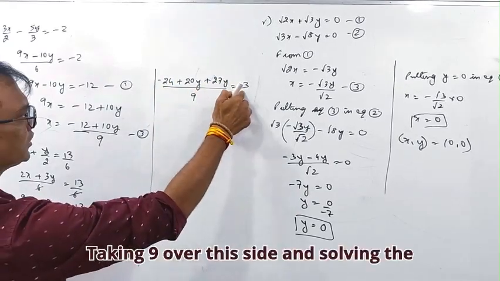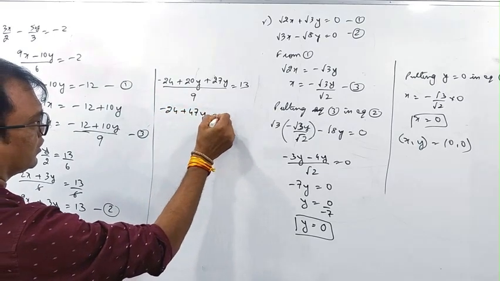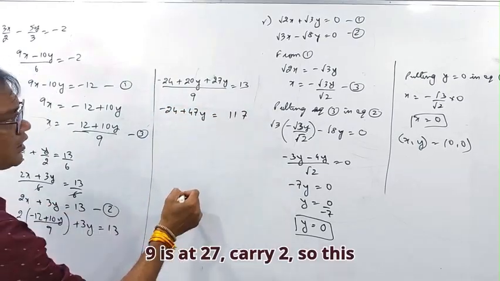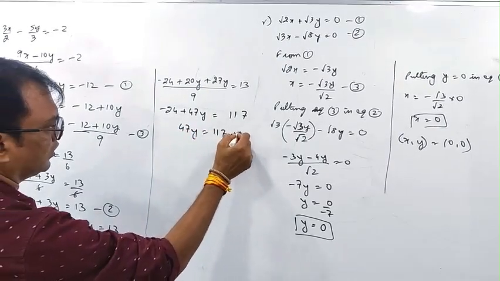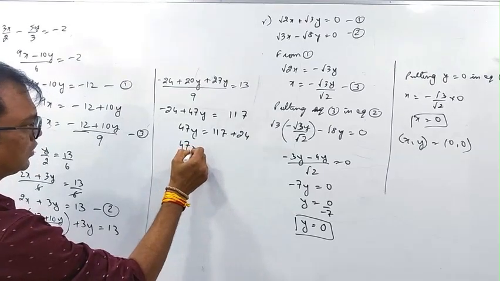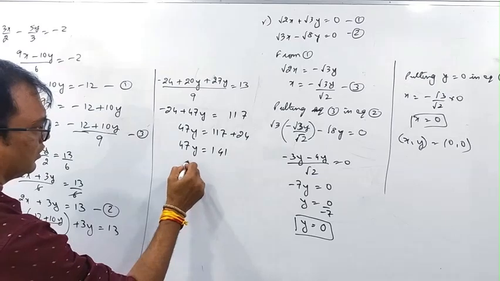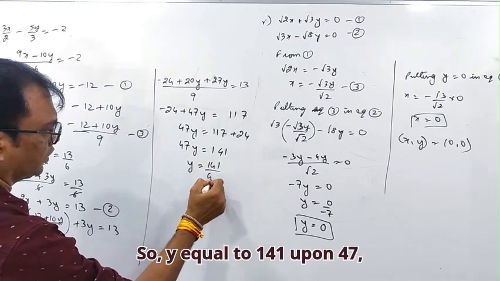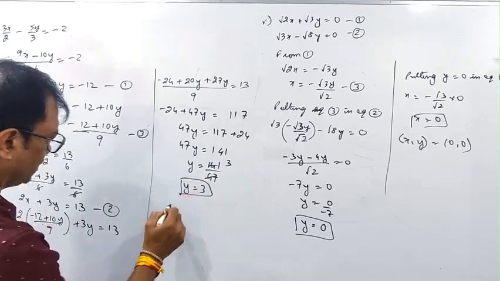So taking 9 over this side and solving the like terms. 9 3s are 27, carry 2, so this becomes 47y equal to plus 24, 7 4s are 11, carry 1. So y equal to 141 upon 47, 3 times, so y value is 3.